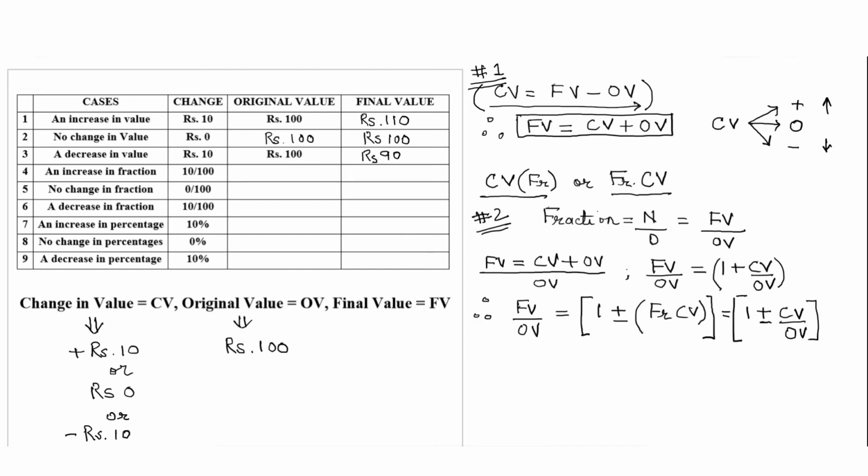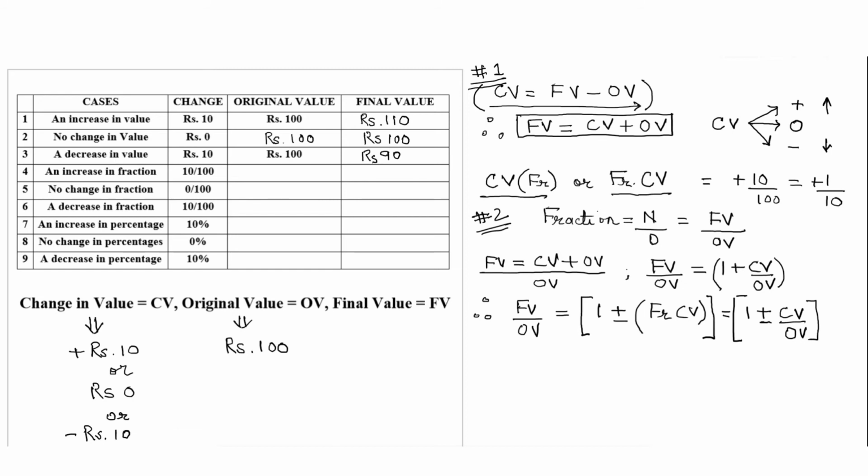The fractional change in value becomes plus 10 by 100, which can be written as plus 1 by 10. Now if somebody says that there is a fractional increase of plus 1 by 10, it goes without saying that there has been an increase over the original fraction, and in this case the original fraction is 1.